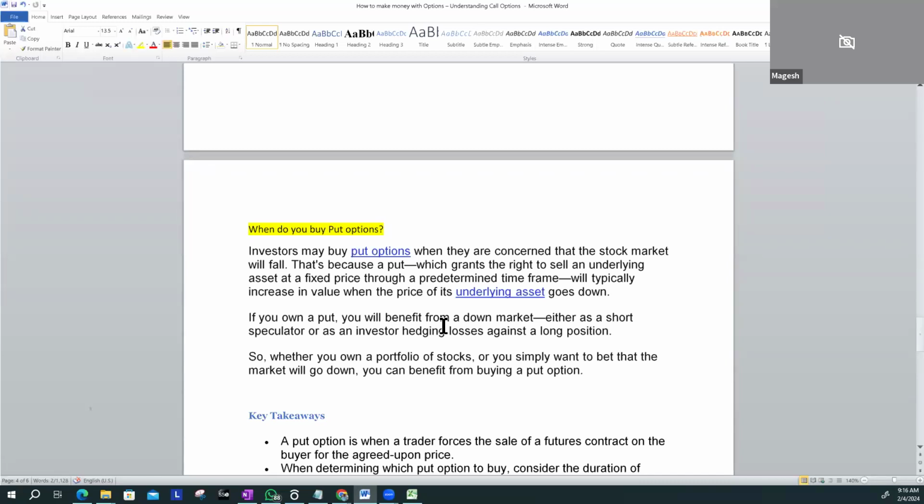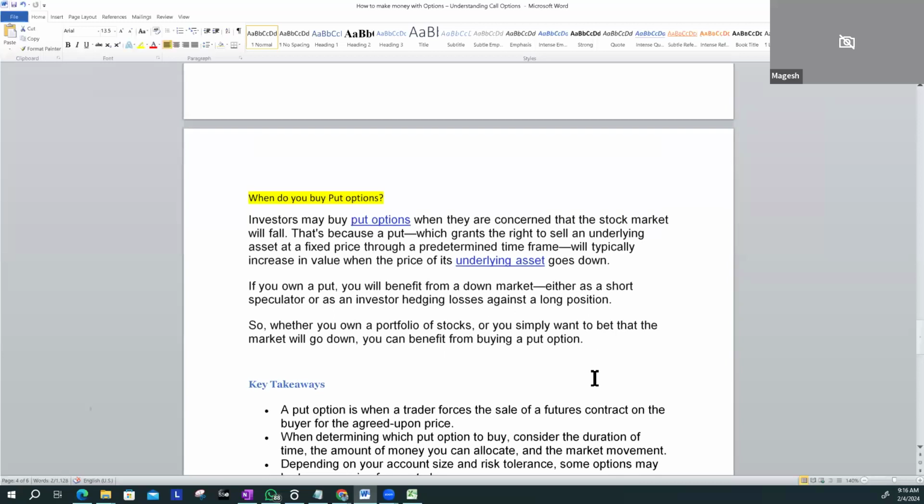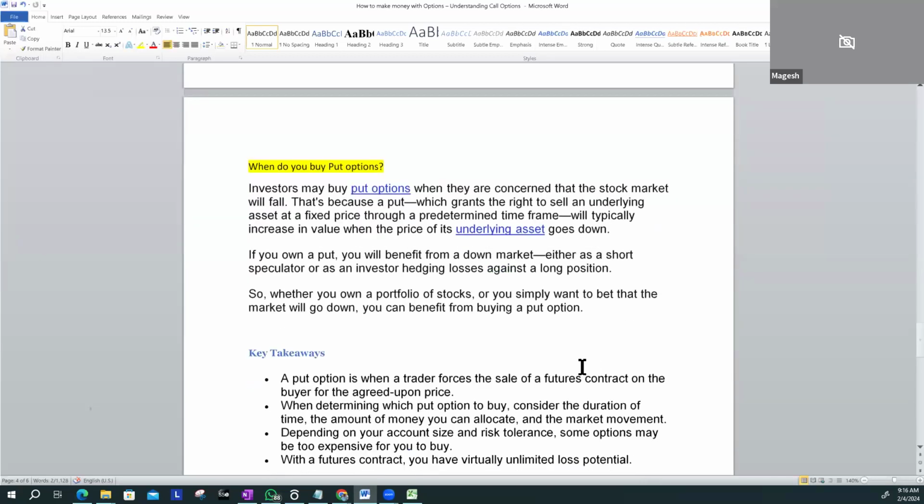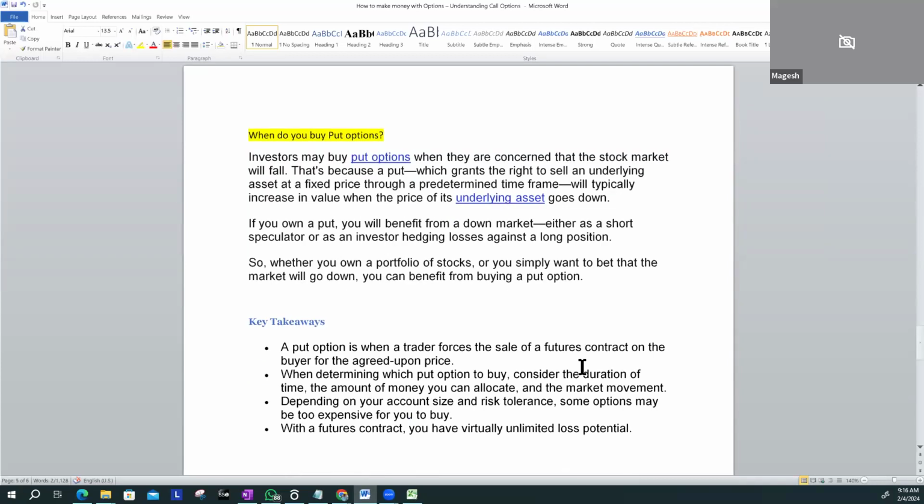Imagine shorting Meta, and after the recent results it went up $80 the next day. Shorting the stock, you would have lost so much money. But with the put, at least you know, okay, I paid $1,000 for the premium. So if it goes up, then I lose my $1,000. So you know your risk beforehand.